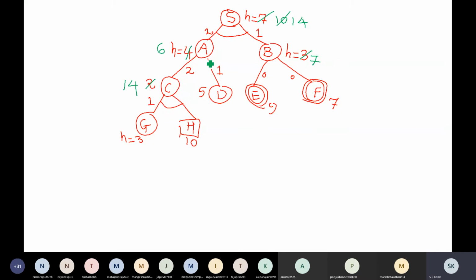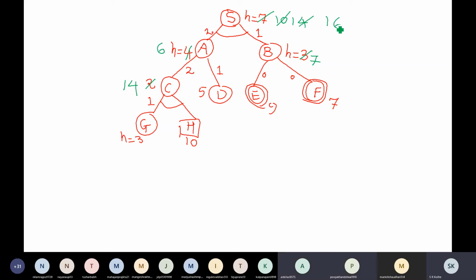This is the current best path now through node D. Now recompute the cost of S. What will be the new cost with S? 6 plus 7 plus 2 plus 1, that is 16.